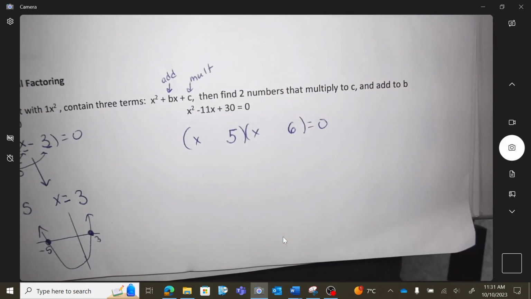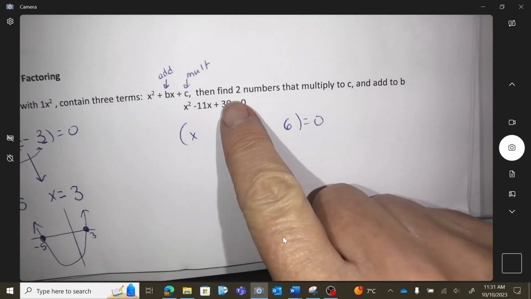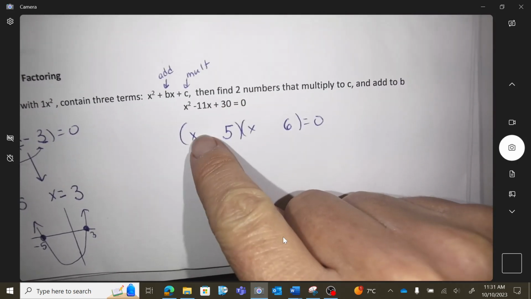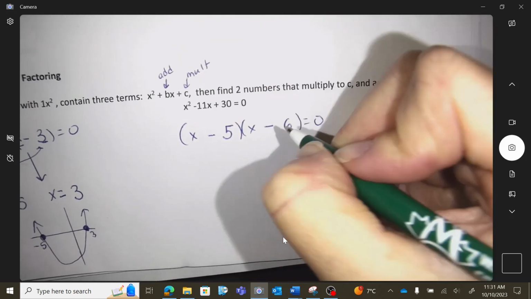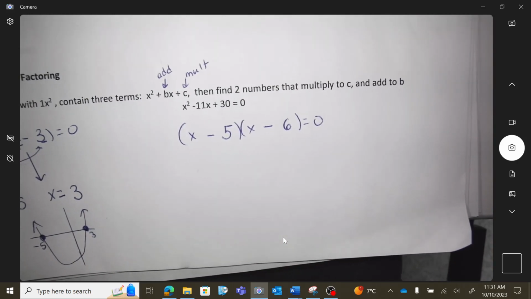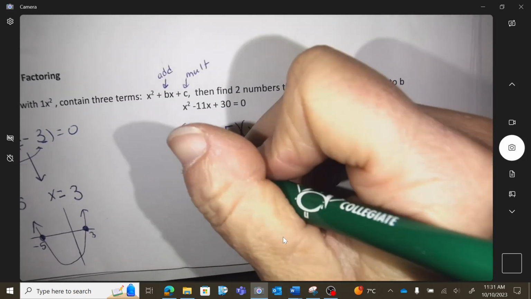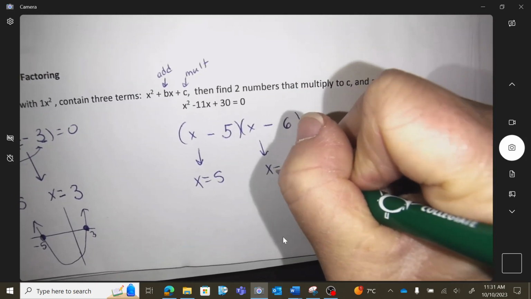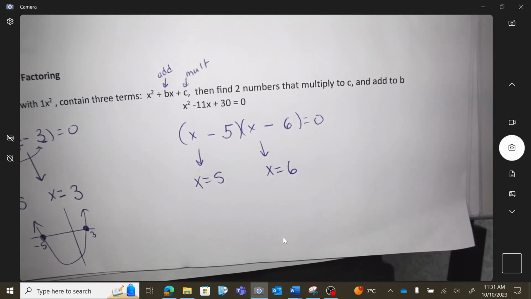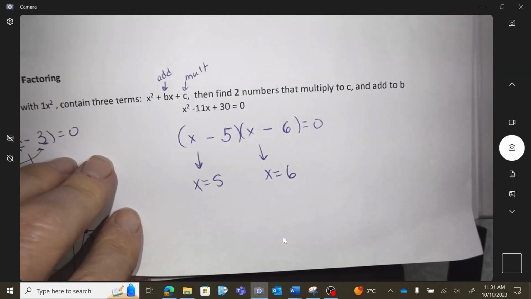And then what are you going to do with the signs? Because it has to multiply to positive, but then add to negative. So would it make sense that they're both negative? Okay, and then your x-intercepts are at 5 and at 6.